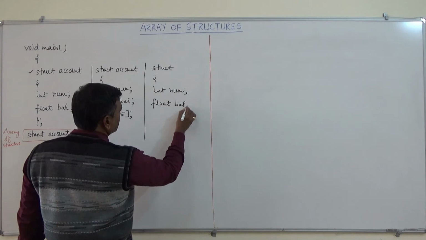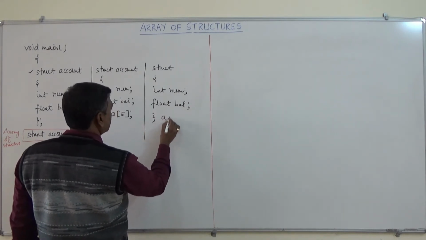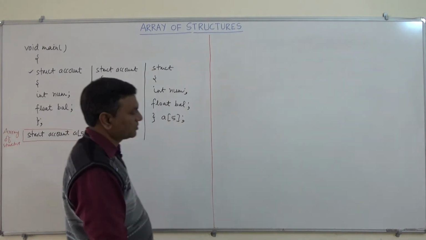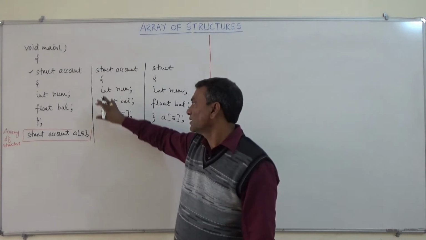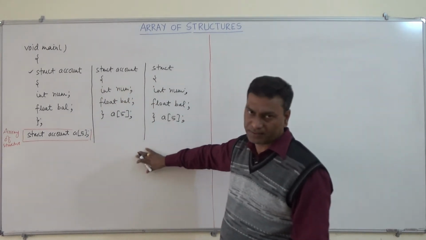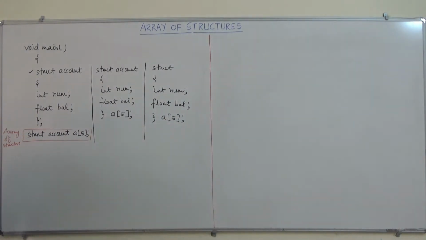So this is balance and then this is the size of the array. So these three are all correct. If we compile this, it will work. Now let us proceed further.